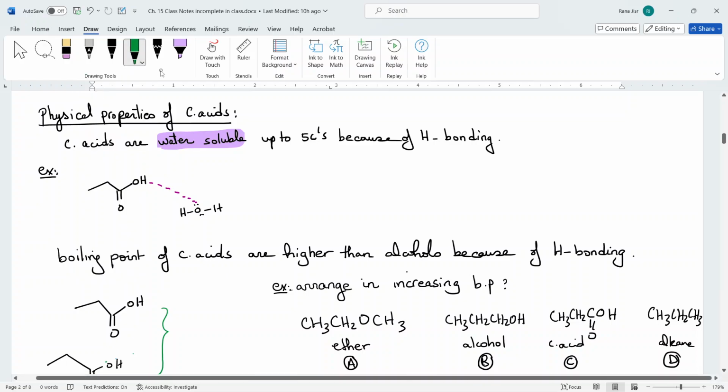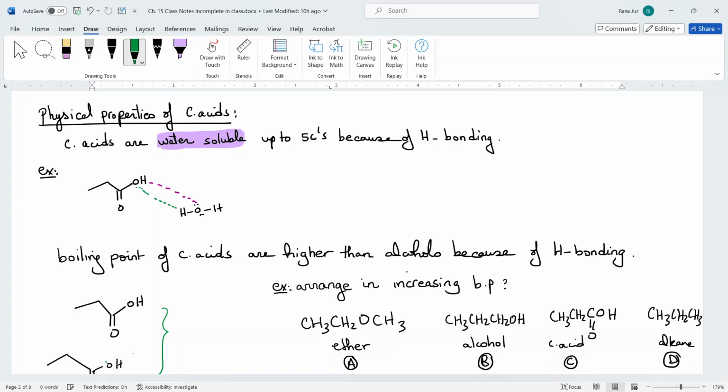Or I can have another interaction where the hydrogen of the water interacts with the oxygen of the acid. So here I do have 2 hydrogen bonding interactions.